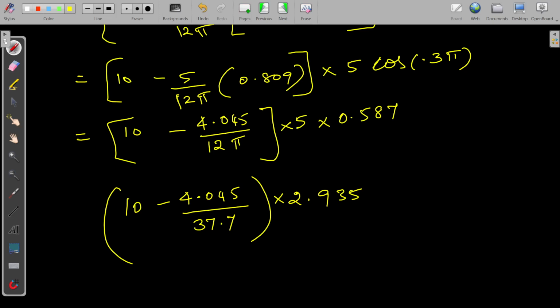4.045 divided by 37.7 is equal to 0.107, multiplied by this 2.935.